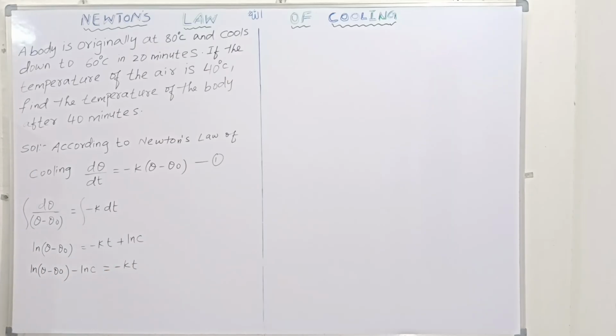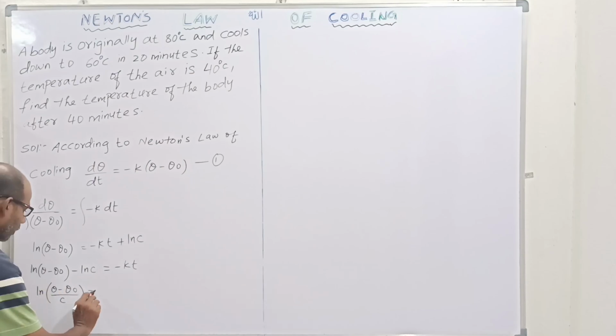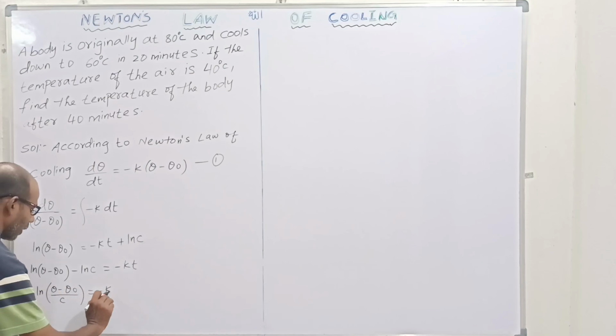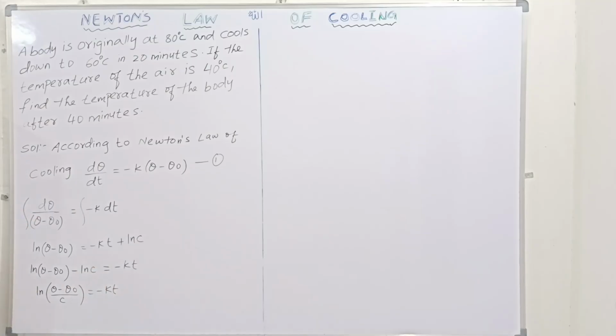So ln a minus ln b is ln a by b. So this is ln of theta minus theta naught upon c equals minus k t. Now we will convert this logarithmic function into an exponential function.